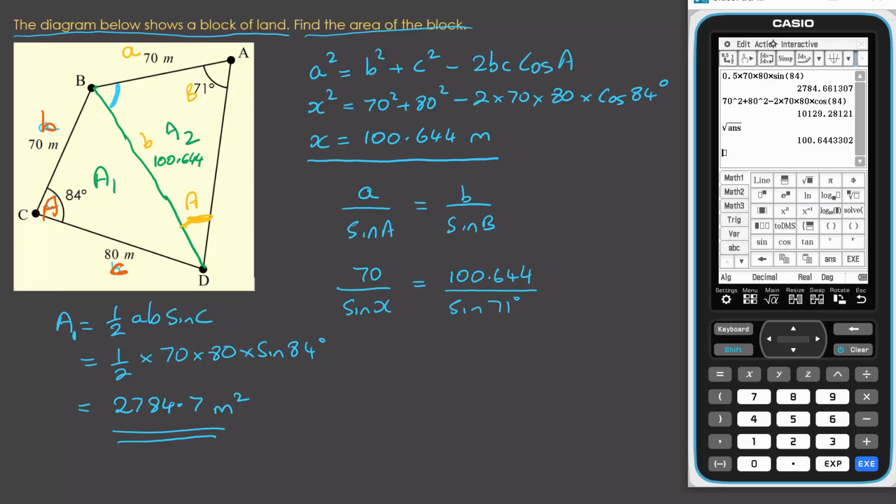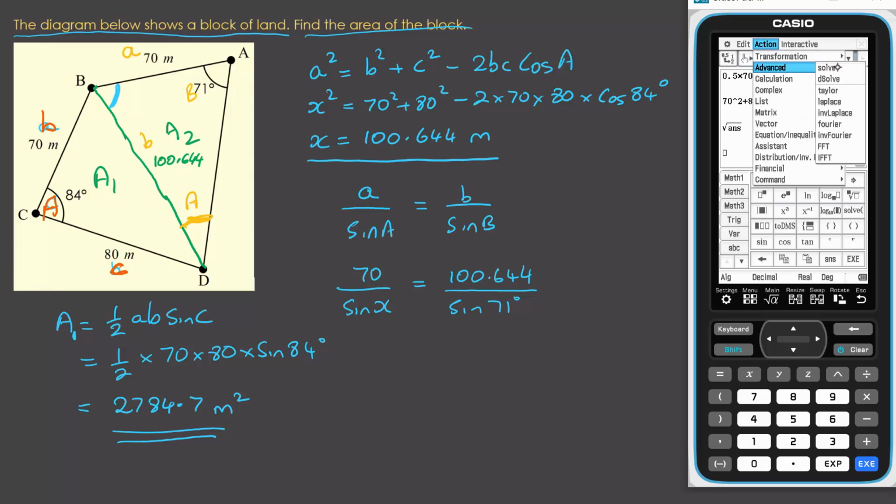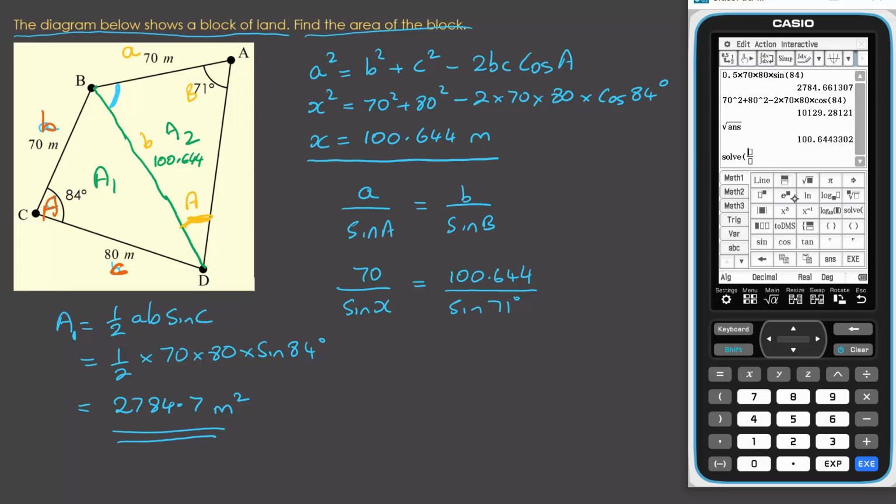So I'm going to solve. And I've got 70 over sine x is equal to that last answer divided by the sine of 71.